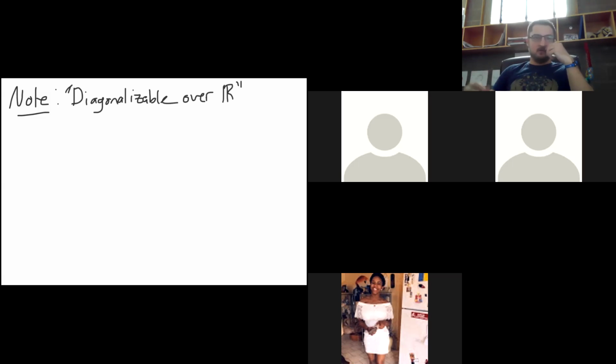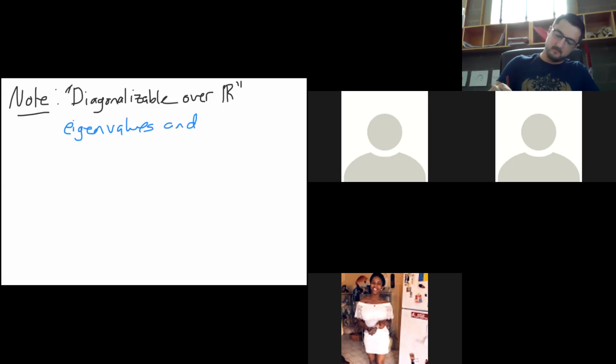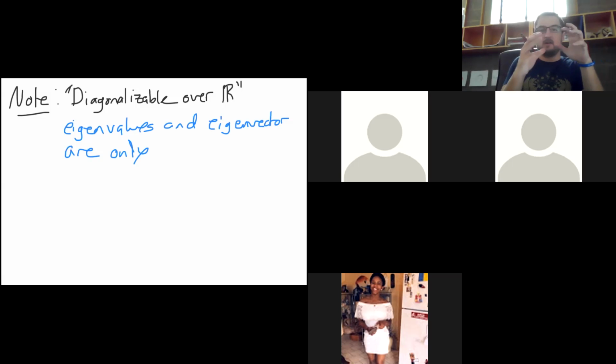When we say diagonalizable over the real numbers, that just means that whenever we get our eigenvalues and our eigenvectors, they only involve real numbers. So that means that whenever you have an eigenvalue of i, that means it's not diagonalizable over the real numbers. Because when we say over the real numbers, we're restricting ourselves to saying we can only use real numbers.